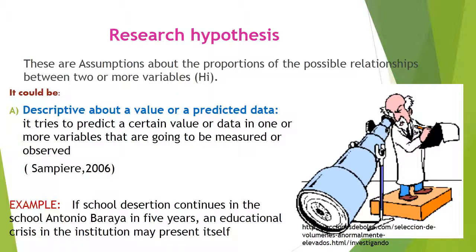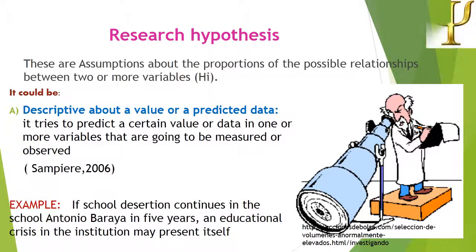It could be descriptive about a value or a predictive data. It tries to predict a certain value or data in one or more variables that are going to be measured or observed. Example: if a school desertion continues in the School Antonio Baraya in 5 years, an educational crisis in the institution may present itself.